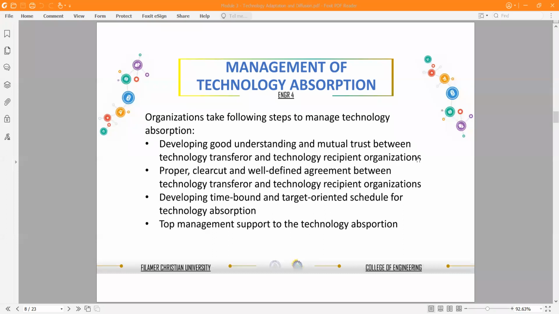And of course, top management support to the technology absorption. So once you absorb some certain technology, yung technology transferor, sila yung magbibigay ng support. Okay? So, kumbaga, ito yung parang bumili ka ng laptop or bumili ka ng phone tapos may warranty. Yan. Okay.